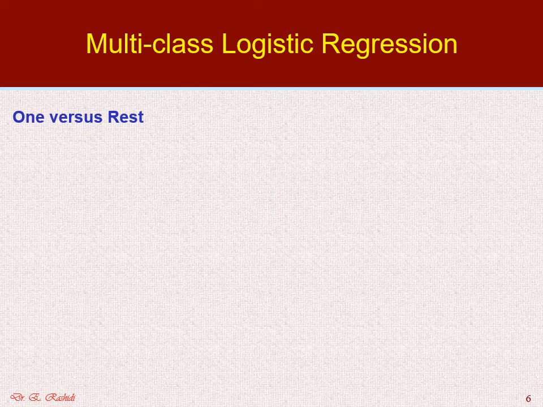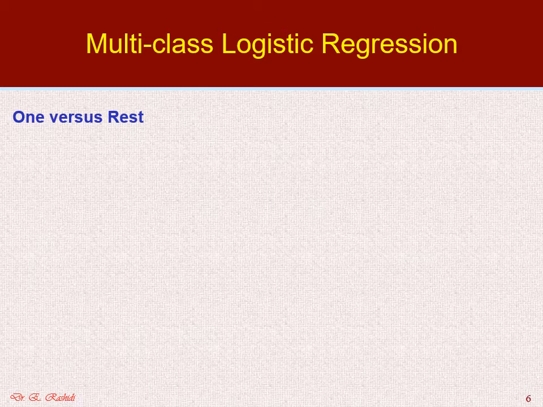So each class is going to have its own specific logistic regression tuned and trained for it. After that, for any new data point that we want to make a prediction for, we're going to predict the class that gives us the highest probability.